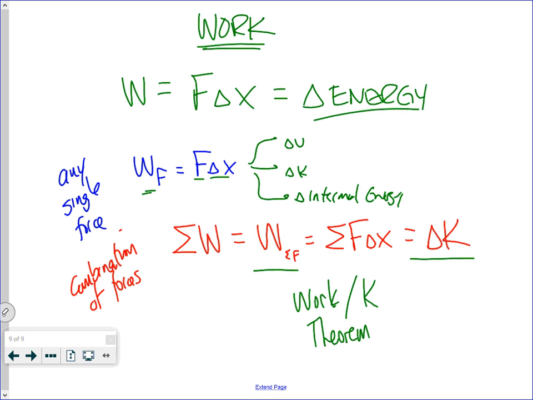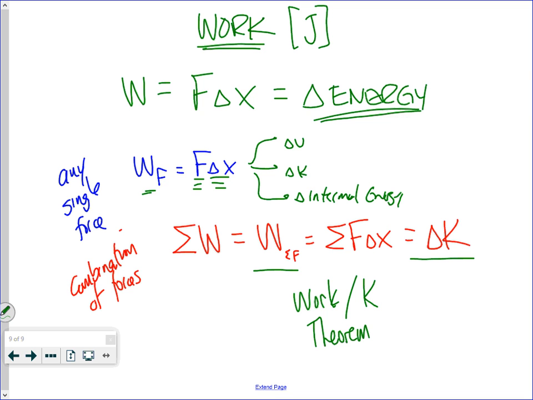Never mind, don't worry about what variable we use. Okay? So now, notice that since work is F times X, work is measured in newton meters, work is also measured in joules, because work is, by definition, the process through which energy changes.